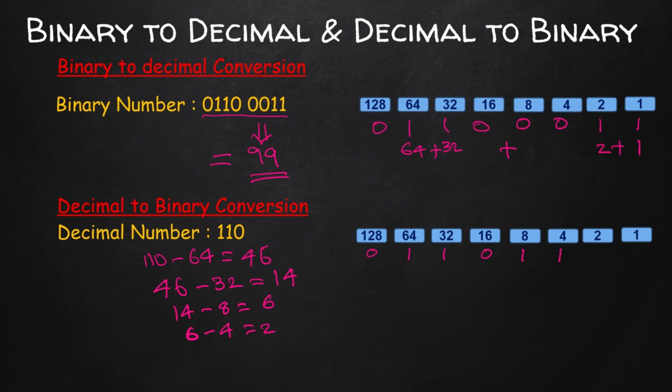I can take it because here I need exactly 2. So I will take this 2, and then the remaining is 2 minus 2 is equal to 0. So the next one is not required. So I can make it 0. So the binary equivalent of my decimal number 110 is 01101110. So this is the answer. This is how you convert a decimal number into binary.